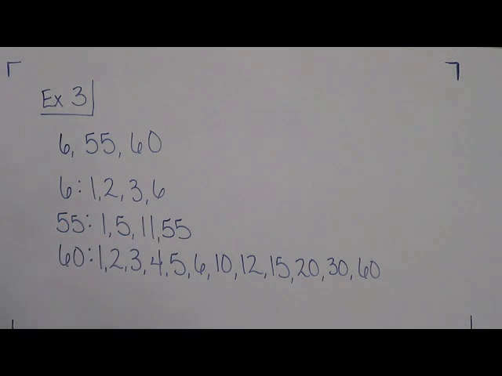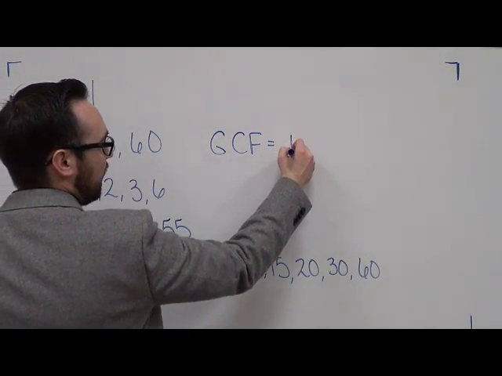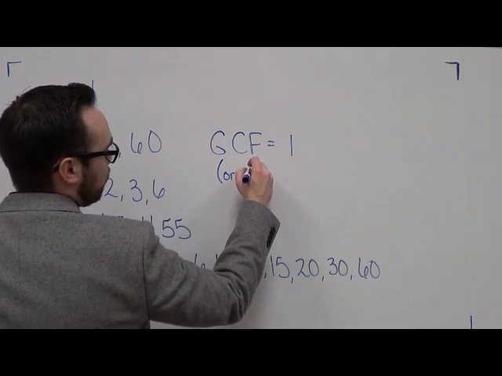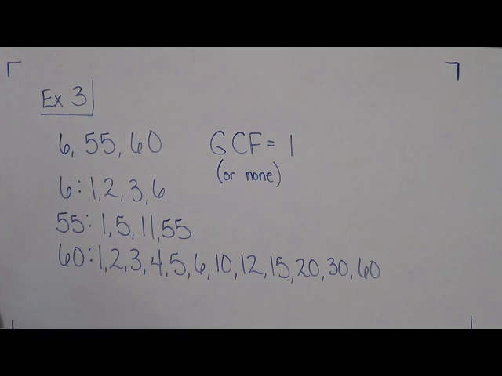Because that's the case, our GCF is just 1, or you could say none. Sometimes you might see where they say there is no greatest common factor, because 1 is always there, so it's not really counted. So you may see that happen as well, where you don't have a greatest common factor between numbers. That sums up this lesson.